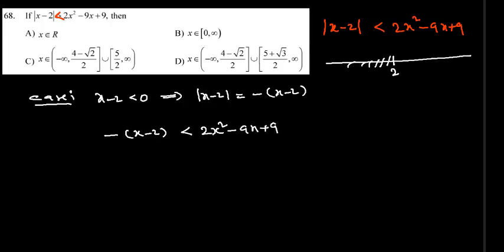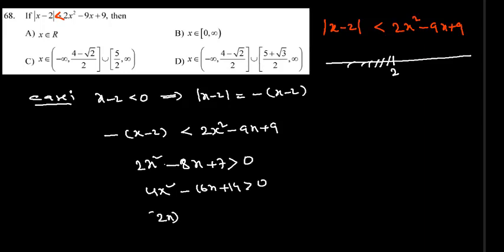Or in other words, 2x square minus 8x plus 7 greater than 0. Here we can't find factors, so I want to use the perfect square method. x square minus 4x plus 7 by 2 greater than 0. Or multiply 2 on both sides, no problem: 4x square minus 16x plus 14 greater than 0.